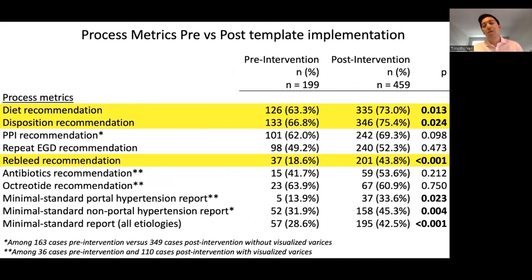After intervention, the reports are more likely to include some statement about diet, about disposition, and about rebleeding. And these reports are more likely to include those 3 core characteristics of diet, disposition, and medications.